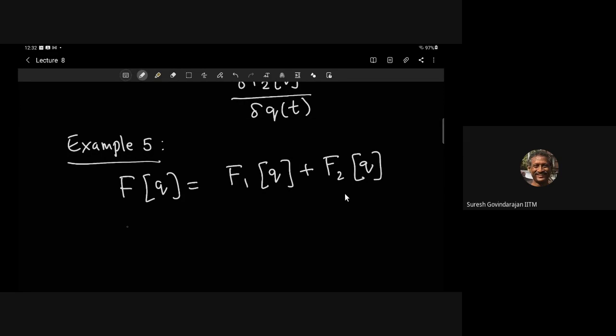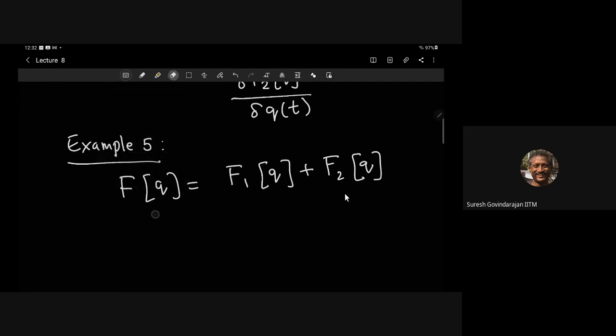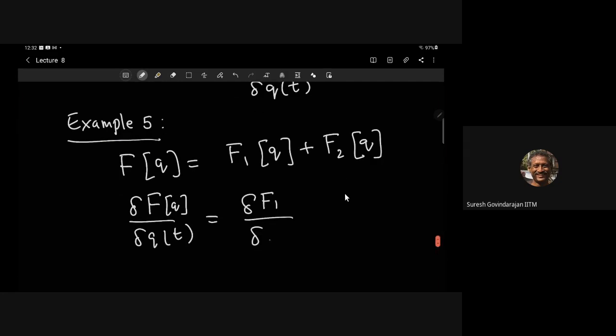So you can check for yourself that delta f... Okay, so you can check this formula. Very easy.